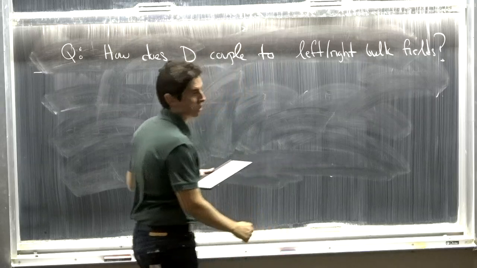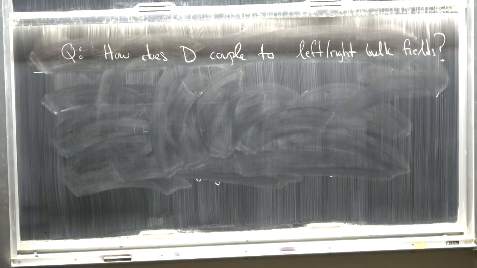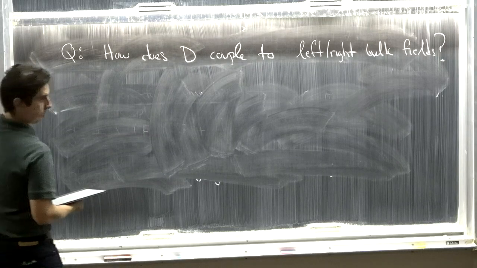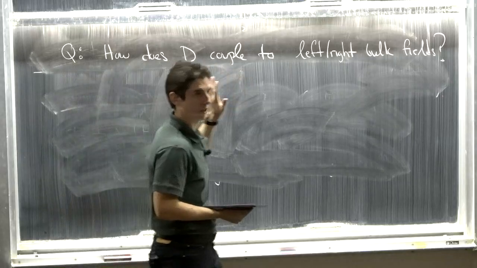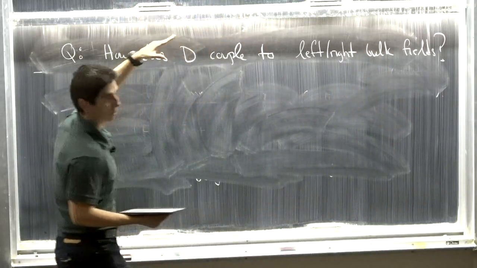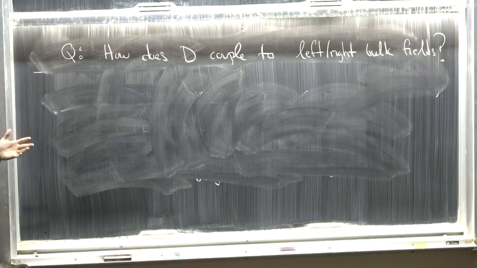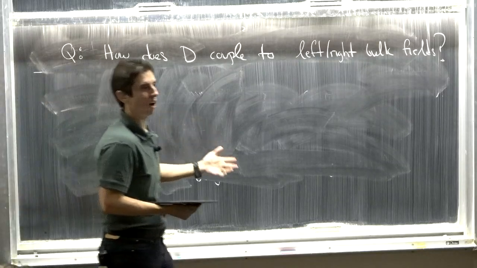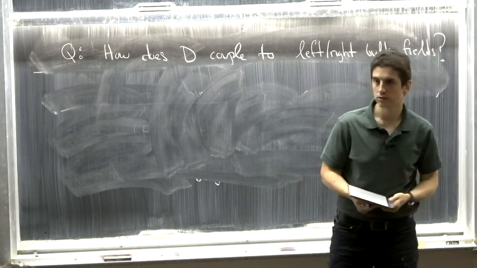All right, so that's our first immediate concern. This is a codimension 1 operator, so it cuts space-time into 2 pieces. So we can think there are the fields in one region and the fields in the other region. That's what I've called left and right. And there's some kind of coupling between them on D, and we're going to unpack what that is and see how it gives rise to something topological.